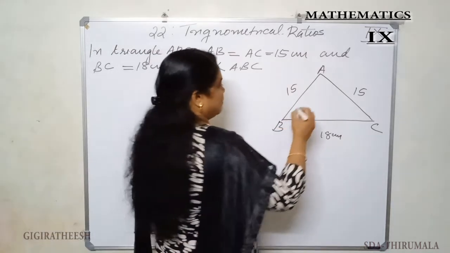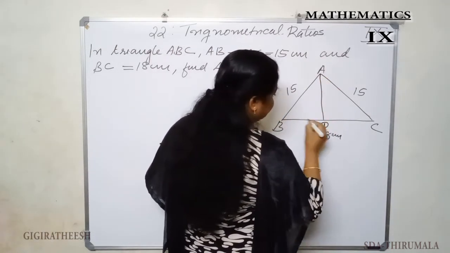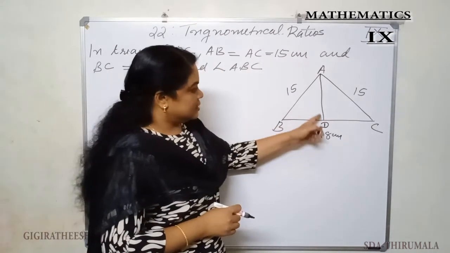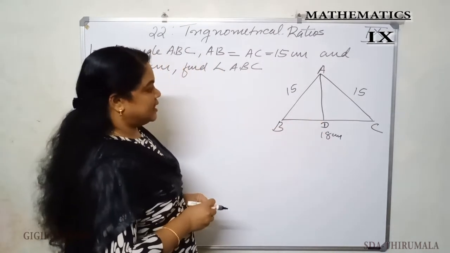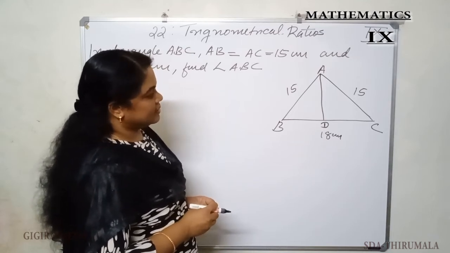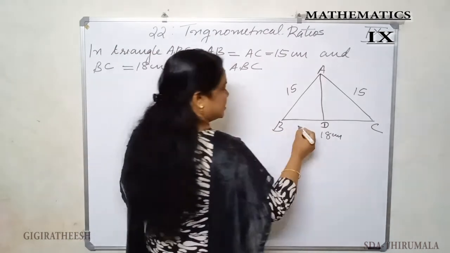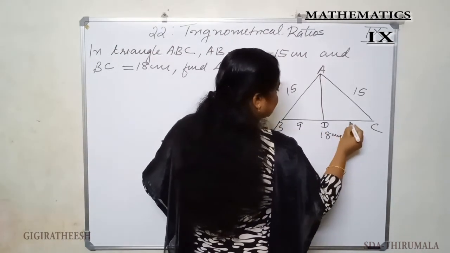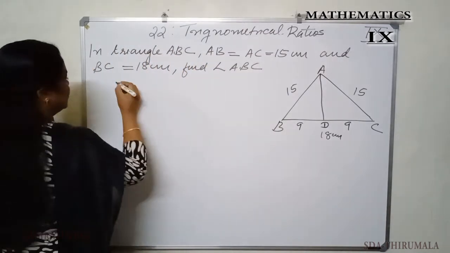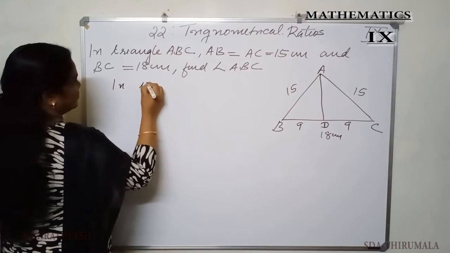By drawing a perpendicular from A to BC, named as D. The perpendicular cuts the side BC into two equal parts, so BD is equal to 9 centimeter and DC is also 9 centimeter. We can mark these points here in this isosceles triangle.